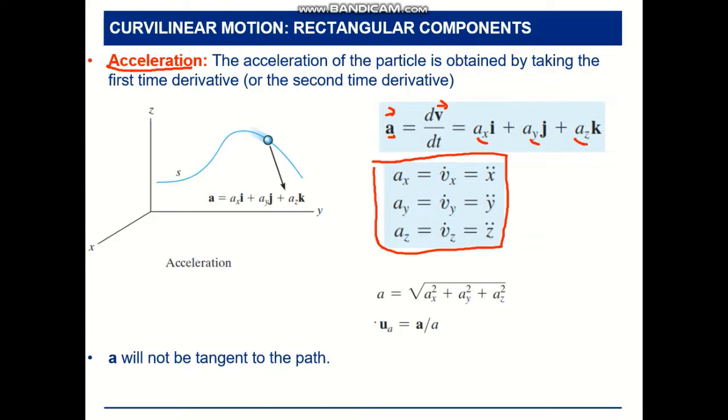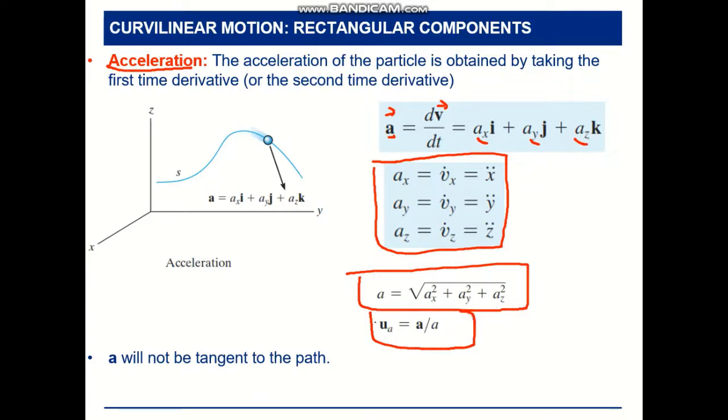We stated that x, y, and z depend on time, so we can take the derivatives. The acceleration magnitude is the x direction acceleration squared plus the y direction acceleration squared plus the z direction acceleration squared, and we take the square root of the sum, giving us the magnitude.